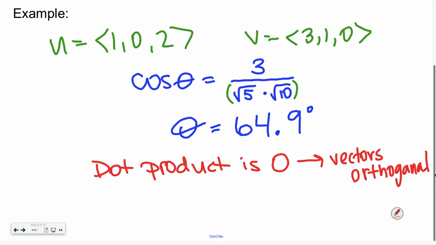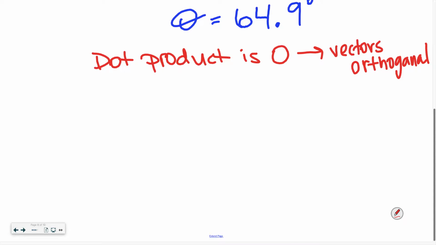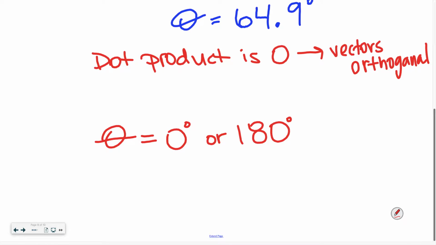Okay? What about if theta is 0 degrees or 180 degrees? What does that mean? What's true about our vectors if they're going in the same or the opposite directions?